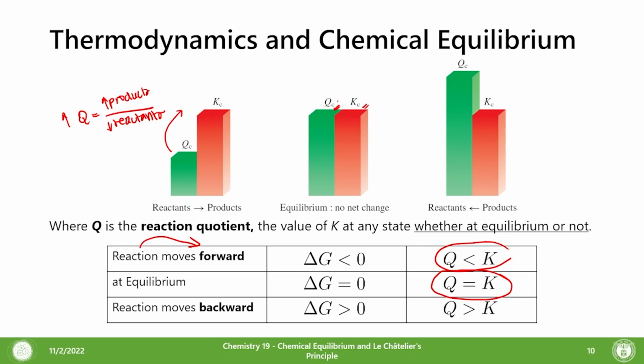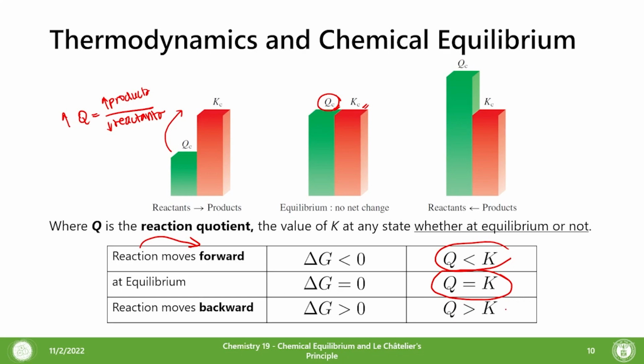And because Q is tied to our Gibbs free energy, hopefully you've already discussed this, Gibbs free energy is less than 0 when we want to move forward in the reaction, is equal to 0 at equilibrium, and is greater than 0 if we want to move backwards.